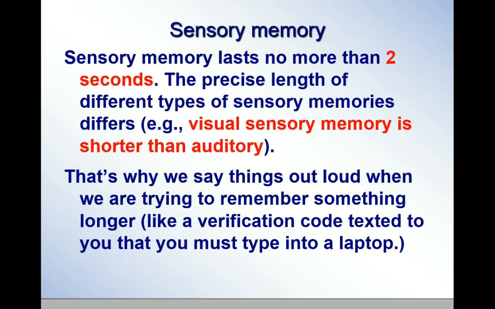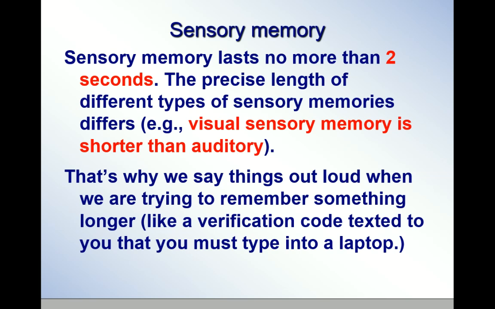Visual sensory memory is called iconic memory, and iconic memory lasts about 2 seconds. Auditory sensory memory lasts a few seconds longer. We call that echoic.